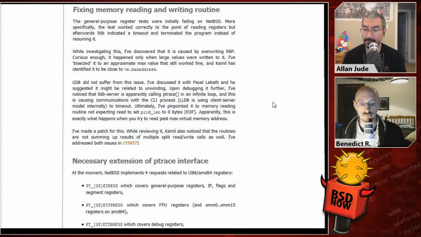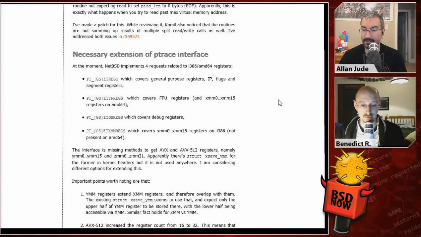Upon debugging it further, we've noticed that the LLDB server is apparently calling ptrace in an infinite loop. And this is causing communications with the command line to time out, and that's why it's dying. And then they have a list of extensions they've done to ptrace to make it work better.